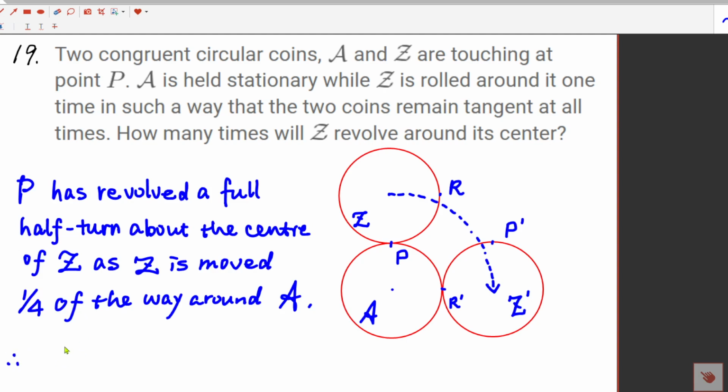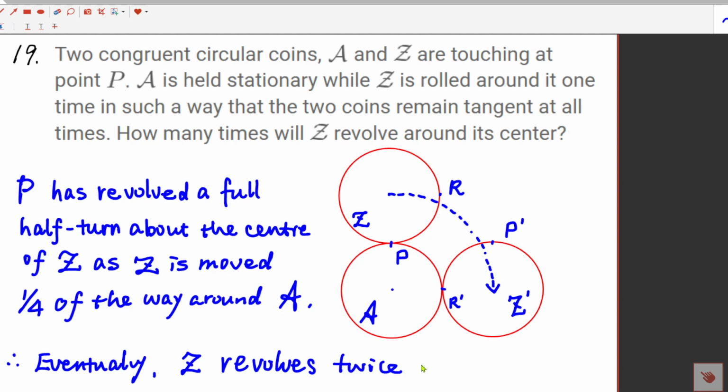Therefore, eventually Z revolves twice about its center, right? Okay, have a look at the solution here. Let me know if you have any questions, okay?